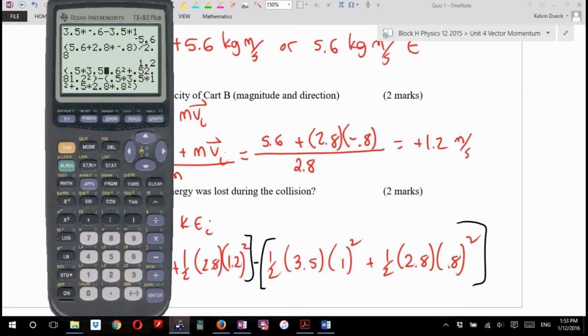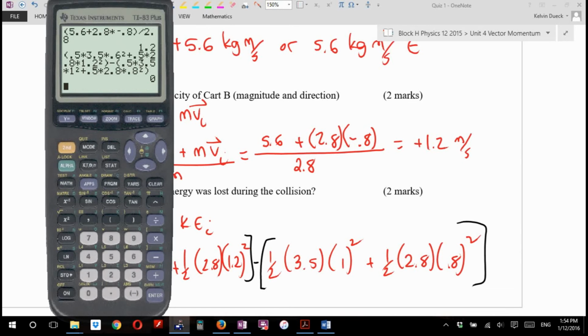Let's see, a half m v squared plus a half times 2.8, another times didn't show up there. Okay, a half times 2.8 times 1.2 squared minus a half times, does that look okay?